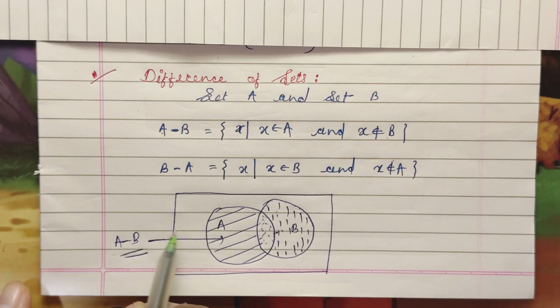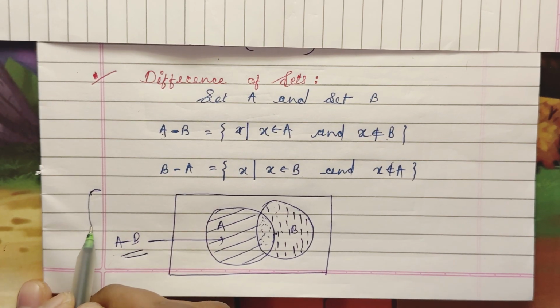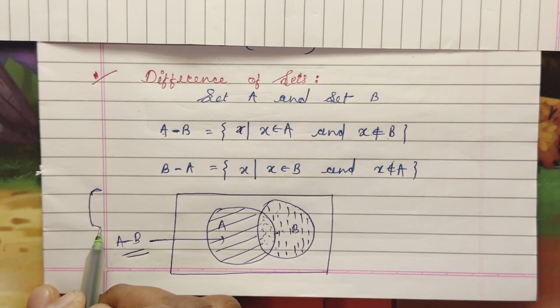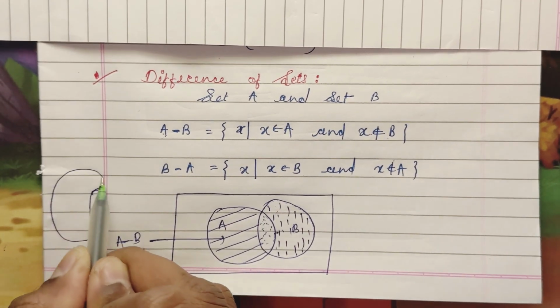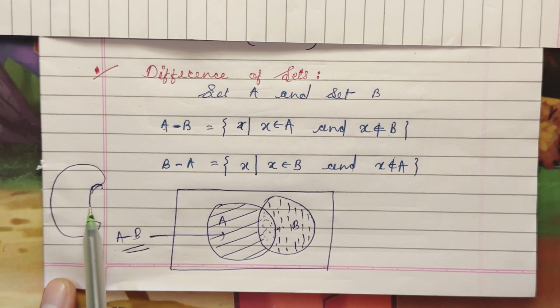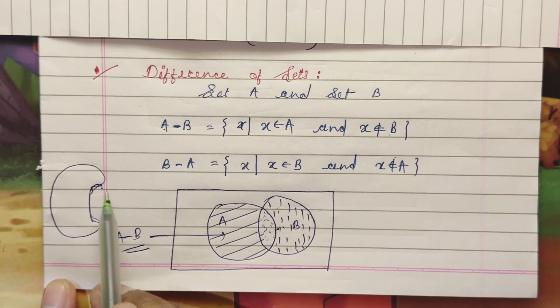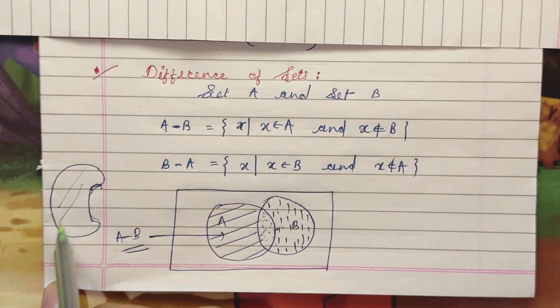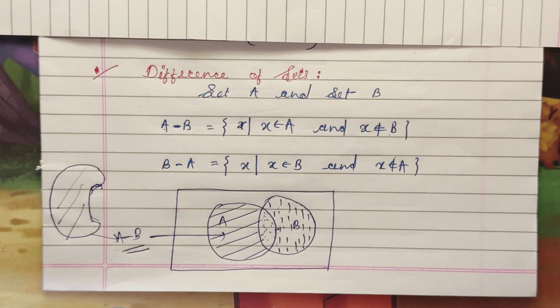After deleting, we get this half of A, and the intersection and the remaining part of B we do not want. So A minus B is this part.